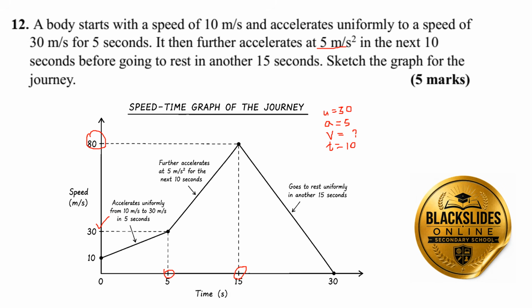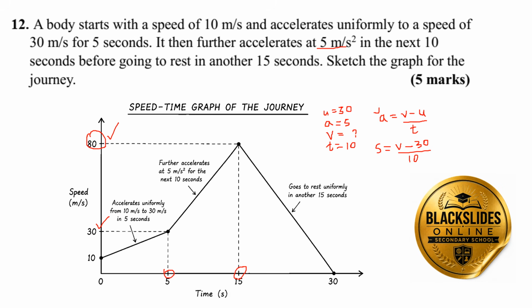So we know that acceleration a is equal to v minus u over t. We know a is 5, v we don't know, that's what we need to find, minus 30, divided by 10.